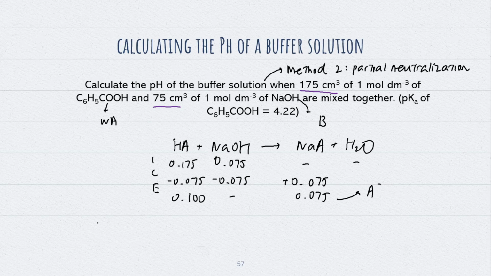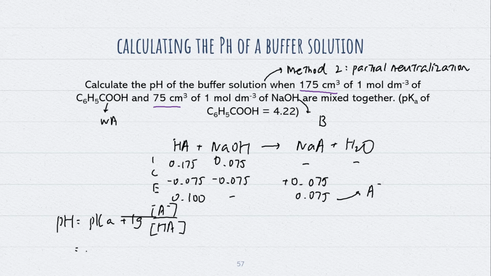So what's next? Again, the magic formula: pH equals pKa plus log, in this case, log salt over acid. We can punch your numbers in.